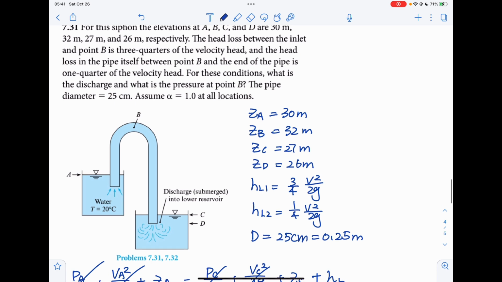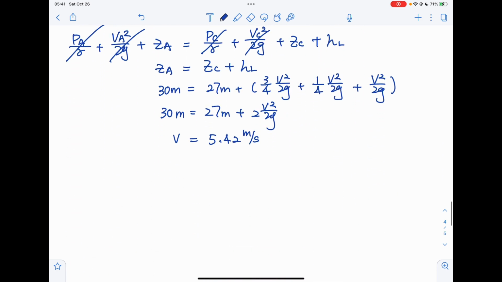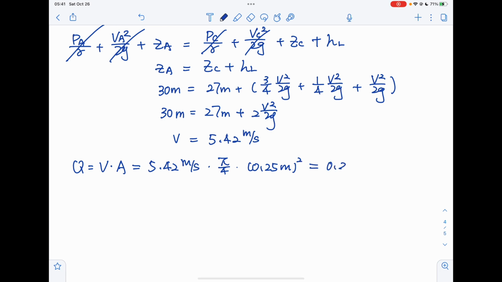Q equals V times A, and the diameter is given, which is 0.25 meters. So the discharge is going to be 0.266 cubic meters per second.